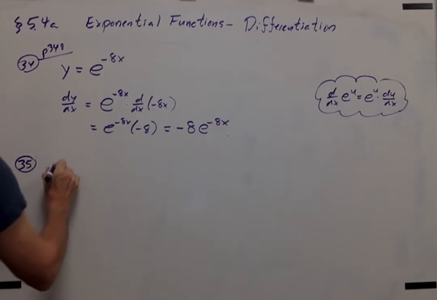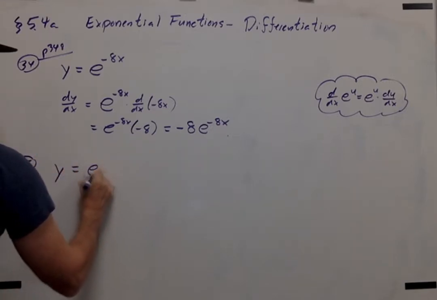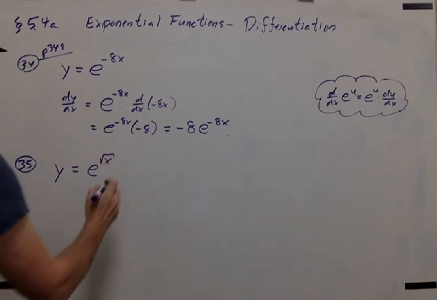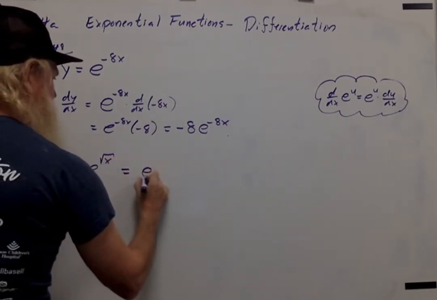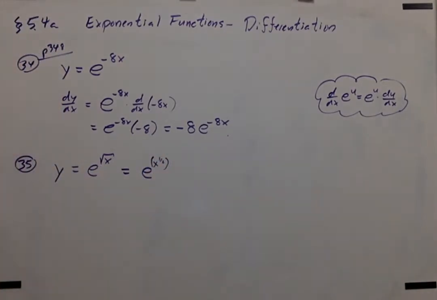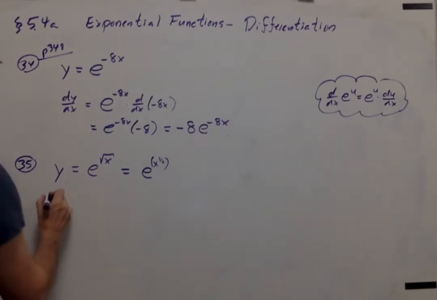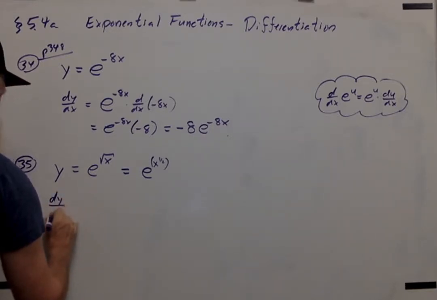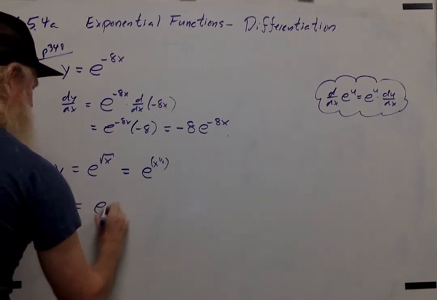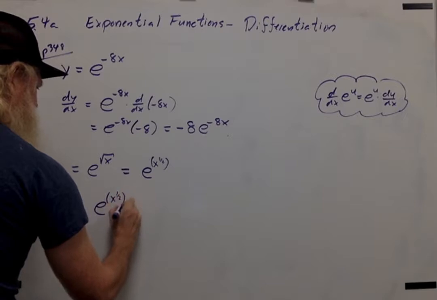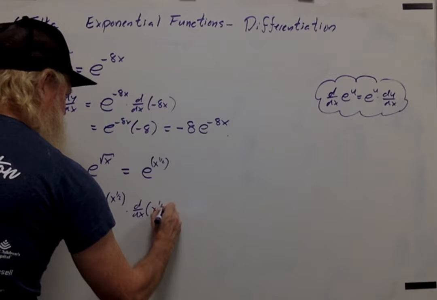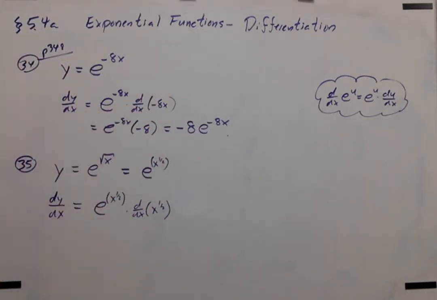Problem 35 is similar. Here we have y equals e to the square root of x, which we can rewrite as e to the x to the half power, like so. So the derivative of y with respect to x will be e to the x to the half times the derivative of x to the half. Notice I'm still following that same pattern.